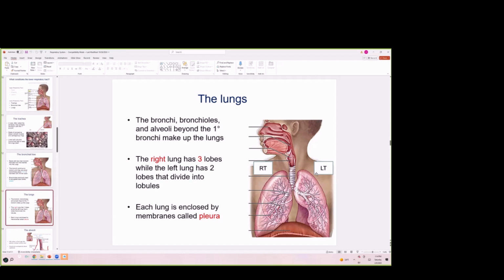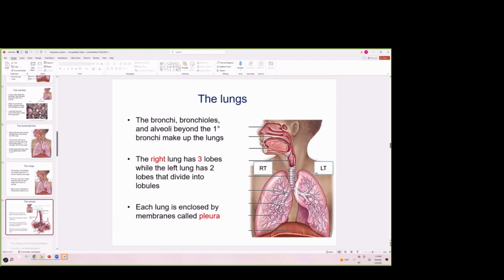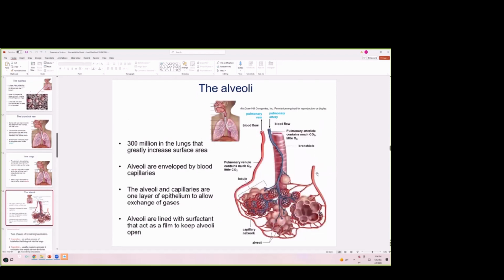Within the bronchioles, they end in sac-like structures called the alveoli. This is a bronchiole, and this round part is almost like a bunch of grapes. Just imagine the grapes with vessels covering them.